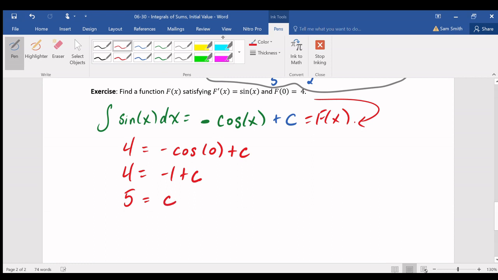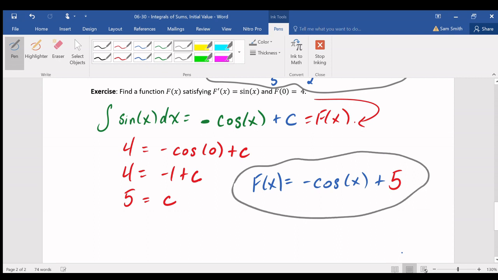So c was not equal to 4 in this case. c was being affected by this cosine, and we have F of x for this problem is negative cosine of x plus what we now know to be c equals 5.